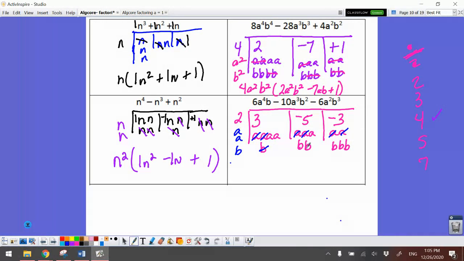I can take out a B, but I can't take out any more B's because they're gone here. So 2 A's and a B is 2A squared B. So there's my GCF. And what I have left is a 3 and 2 A's, minus 5, an A and a B, and minus 3 with 2 B's. And I'm done.